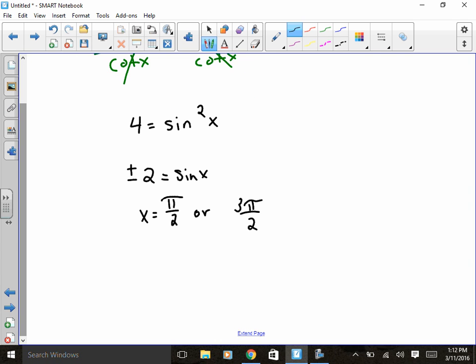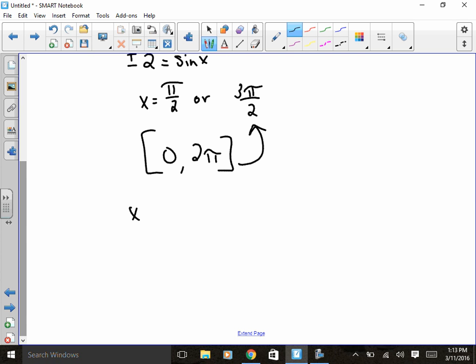So what this is going to have me do then, I would add on the 2n pi, depending on what the interval is that they give me. If they say that there is an interval that it has to lie between 0 and 2 pi, then this would be my answer. If they don't give me that interval, then I need to add that 2n pi on.